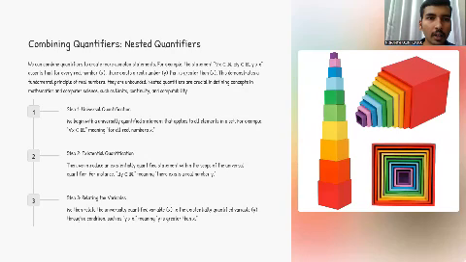Combining quantifiers, nested quantifiers. We can combine quantifiers to create more complex statements. For example, the statement for all x belongs to R, there exists y belongs to R, y is greater than x, asserts that for every real number x there exists a real number y that is greater than x.